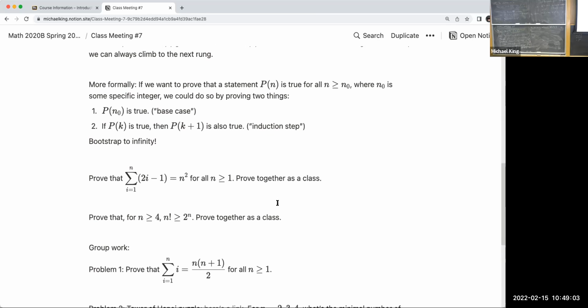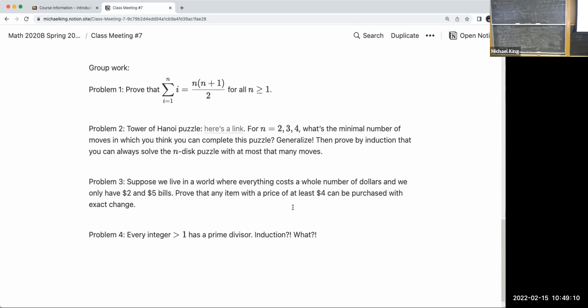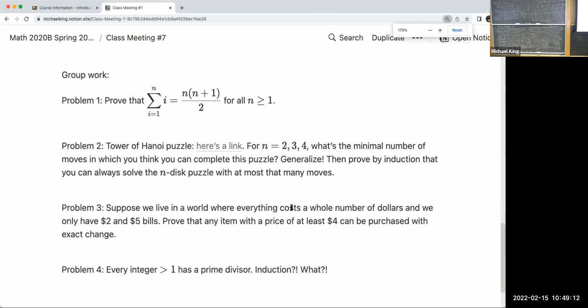Yeah, so I just sort of typed some of this stuff up. But okay, so group work. Here's fun group work. This is another famous one: if you add up the numbers 1 through n, there's a formula for that.